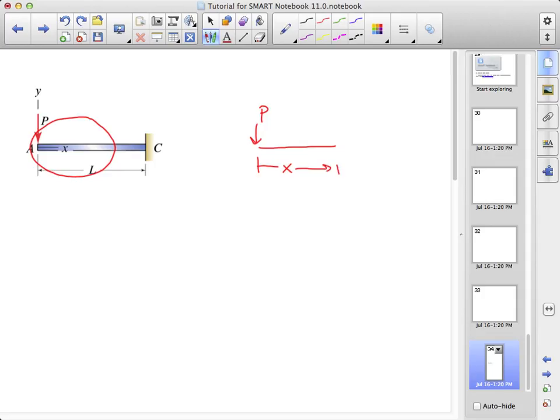We're cutting through the beam at some arbitrary position x, and using our sign conventions, our internal loads will be designated this way. Horizontal force equilibrium will simply give us that the normal force is 0.